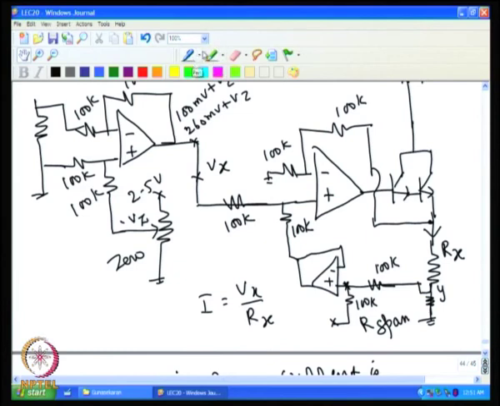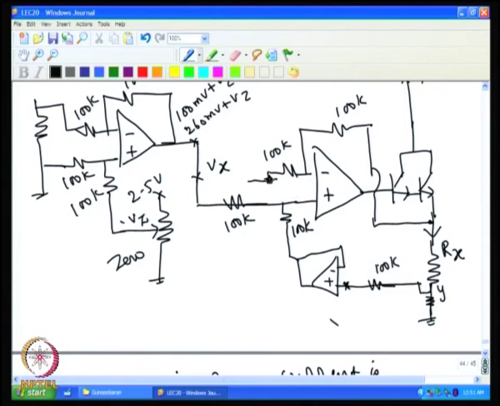So, one can add the voltage at the plus input. Instead of adding it here, I remove this, and I can also add voltage at this point, because adding the plus voltage at this point will make this voltage subtract.